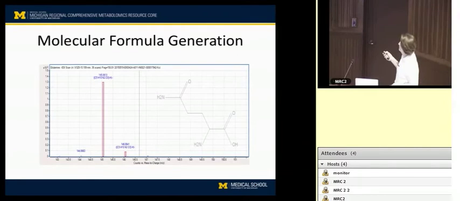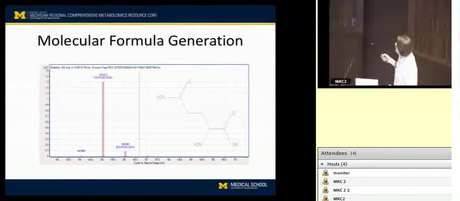You can say, if I have a very accurate mass and I see this particular isotope distribution, can I then predict a formula for this particular ion of interest? We do that, and some of our older reports will include that, and the software will actually draw the structure on there for you if you really want it to.